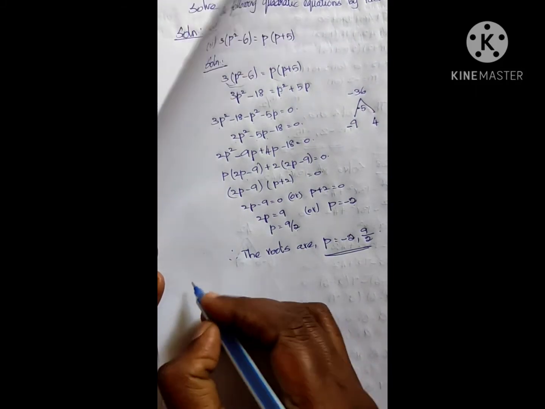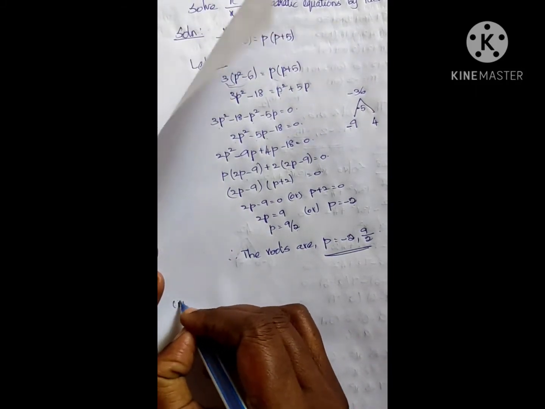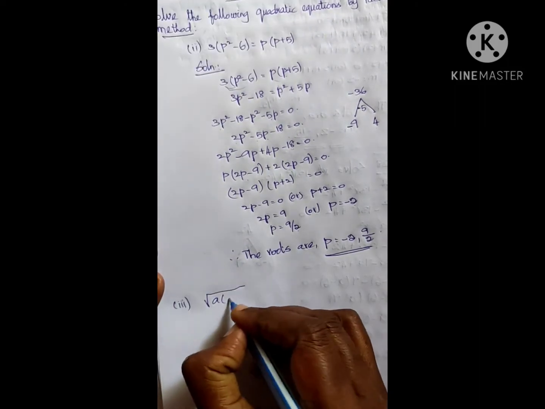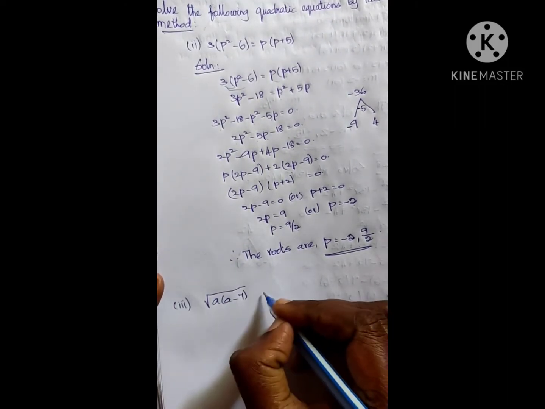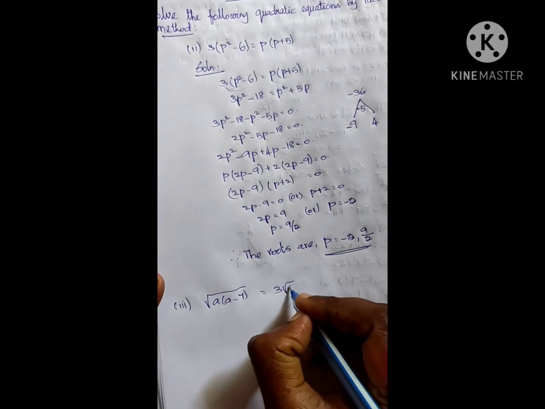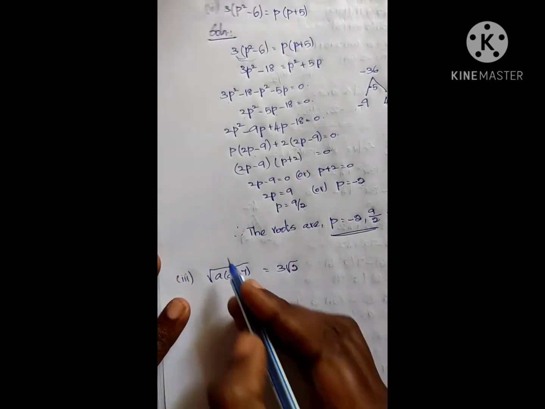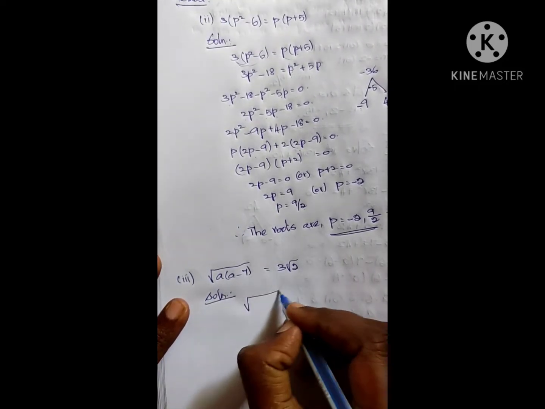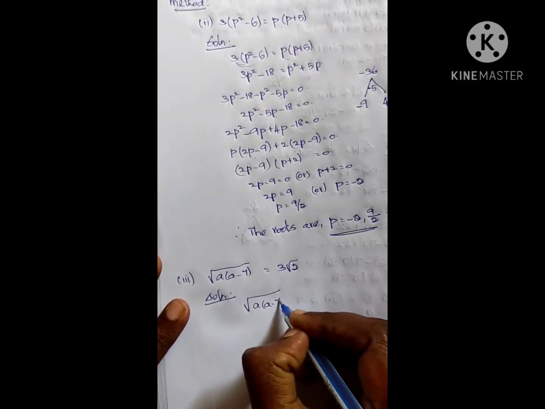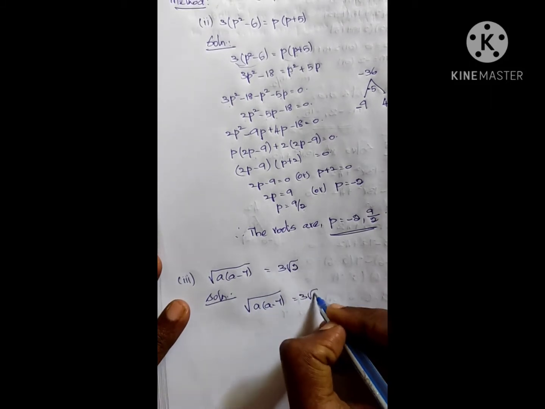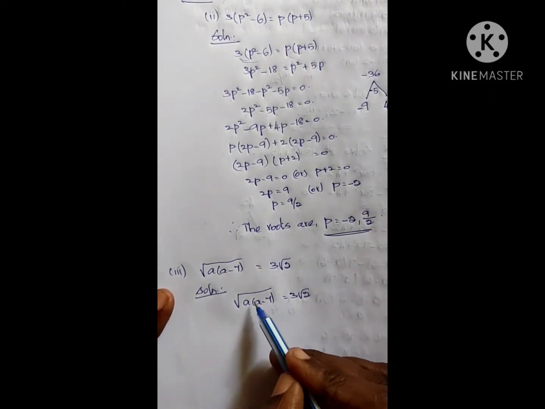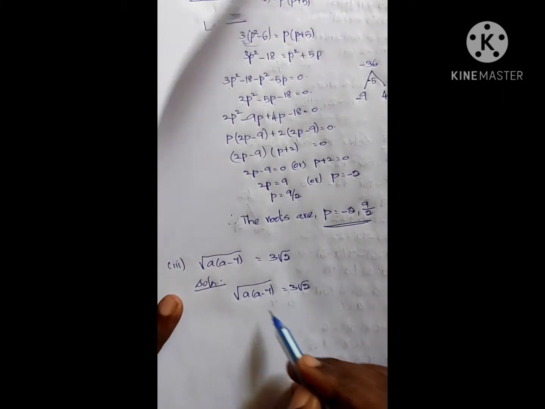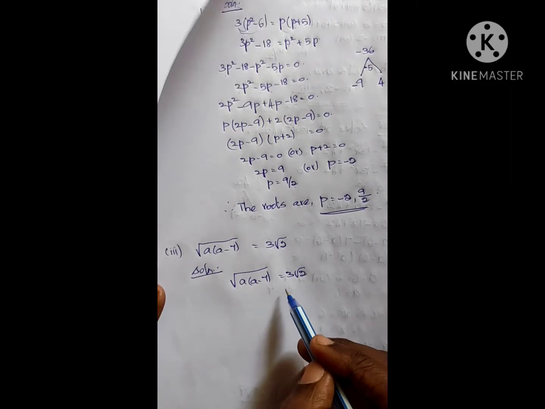Then the third question: root of a into a minus 7 equal to 3 root 2. Now in both the sides we have the square root symbol, so we are going to take the square on both sides.